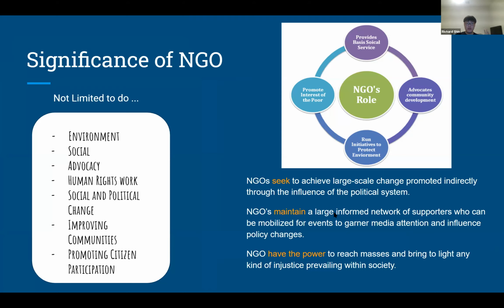Which means that despite differences of race, country, or background, this organization is free to have supporters from any backgrounds or countries, and they also have the power to change society at large.